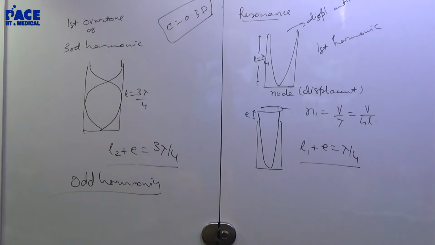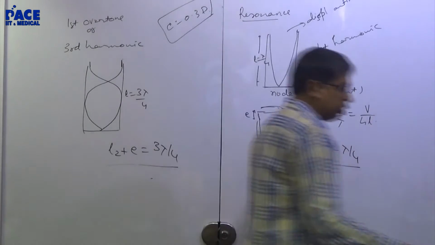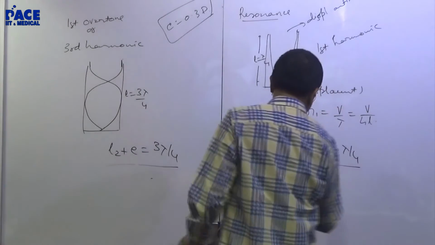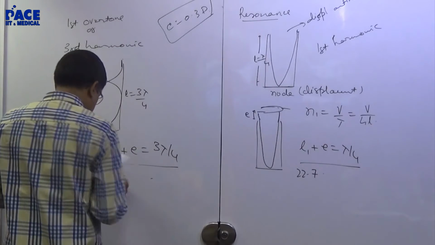22.7 centimeters and 70.2 centimeters. That means he gave you L1 is 22.7, L2 is 70.2.